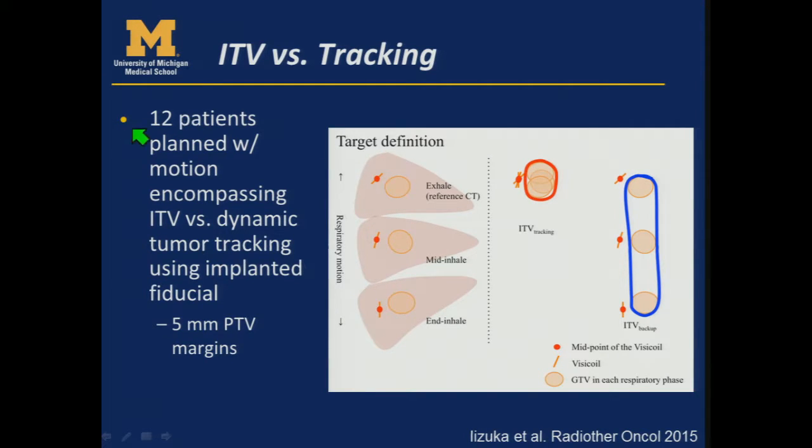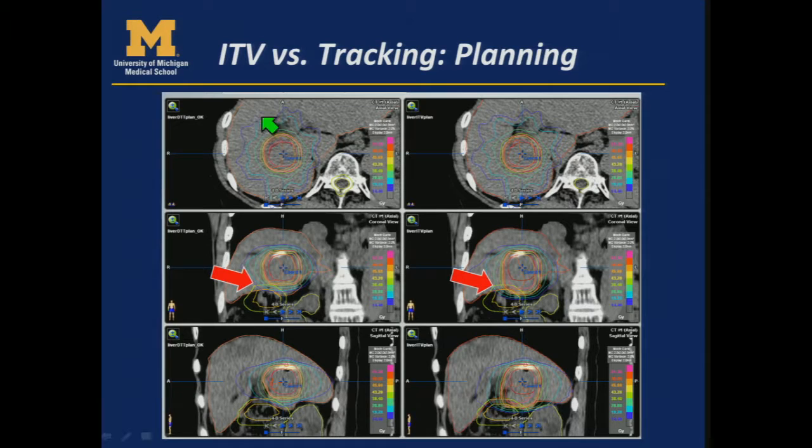This was a planning study and also a treatment study where they looked at 12 patients planned with a motion-encompassing ITV approach versus tumor tracking with an implanted fiducial. In both cases, they used 5 millimeter PTV margins. You can see the difference here in the treatment planning techniques.